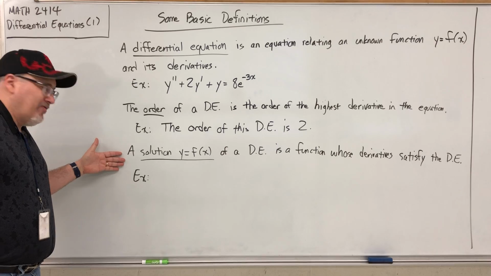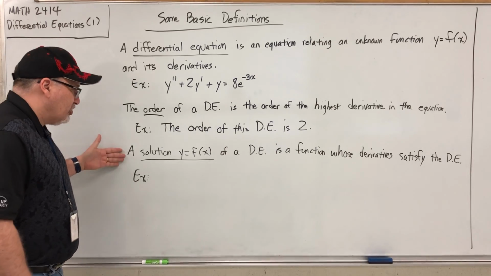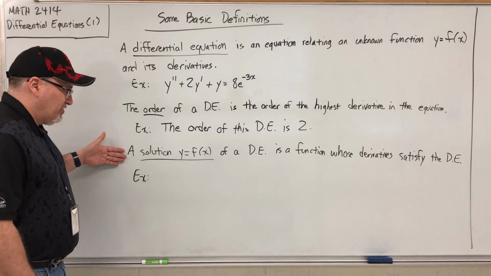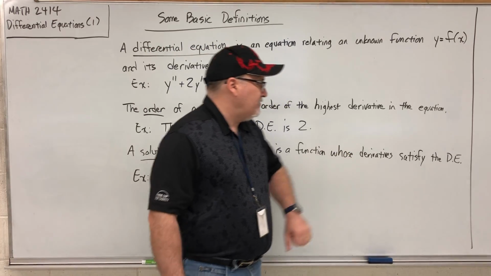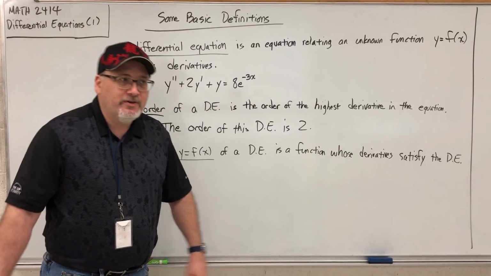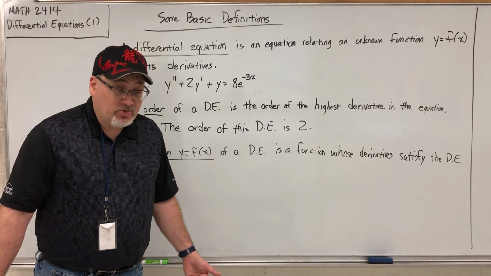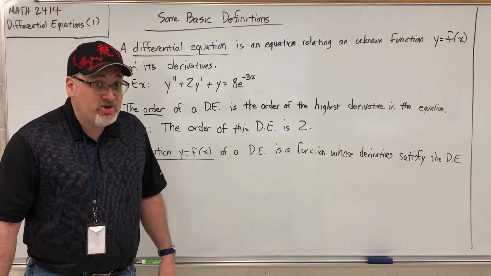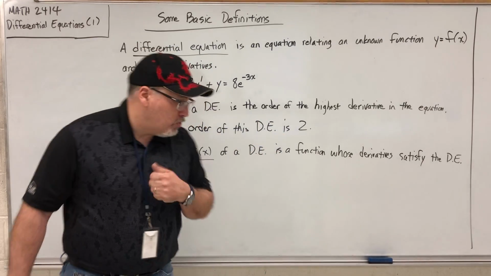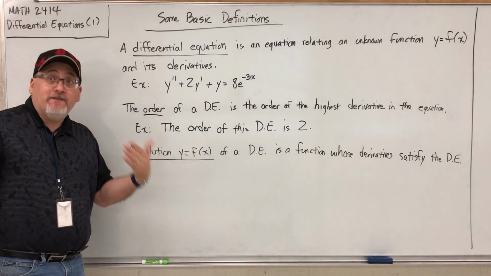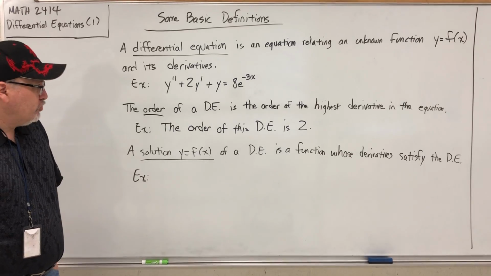This is a pretty intuitive definition. A solution, y equals f of x, of a differential equation is a function whose derivatives satisfy the differential equation. It's the same thing as a numerical solution to a polynomial equation or something like that. You have a number that makes the equation true, but here we're looking for a function that makes the equation true.